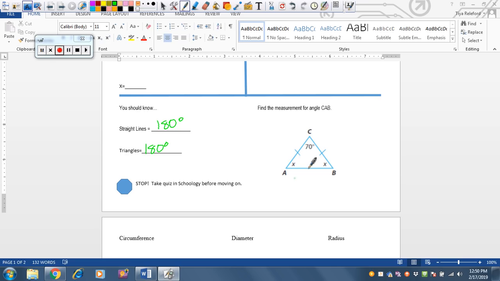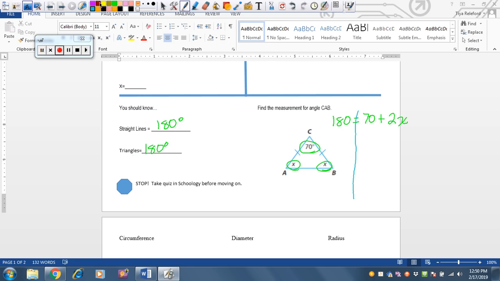So this triangle here equals 180 degrees. And I have 70 degrees plus 2 x's. So go ahead and solve that. Tell me what x equals.